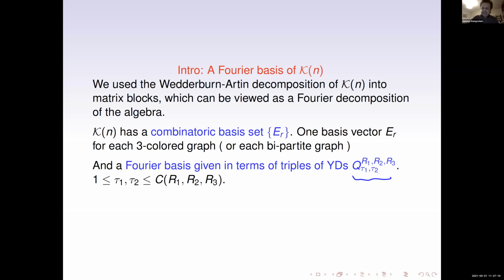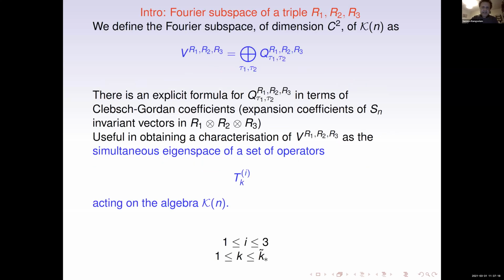These will be explicitly constructed. Well, there will be a formula for these guys, I'll show you later. But then we're going to look at what we call a Fourier subspace for a triple, which is the direct sum over these tau 1, tau 2 of this Fourier basis. And the dimension of that is C square.